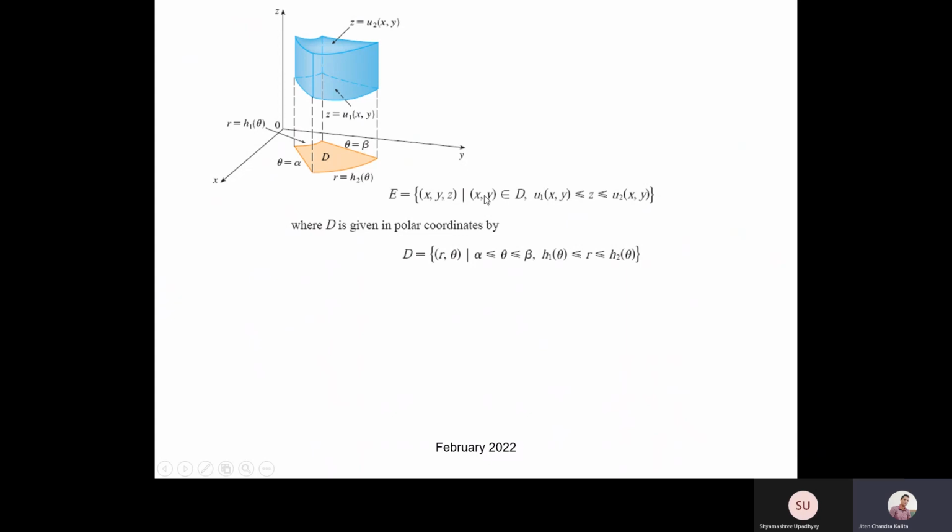E is the set of xyz such that xy belongs to D, and z lies between those two surfaces u1(x,y) and u2(x,y), where D is given in terms of polar coordinates by this. Theta lies between alpha and beta, and r lies between those two curves given in terms of theta. So this is the way we are going to do it.